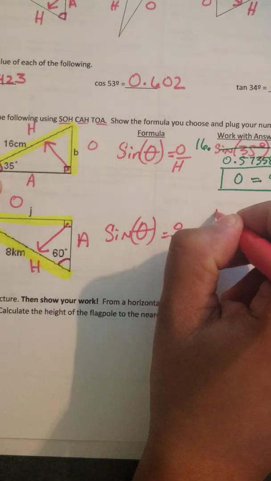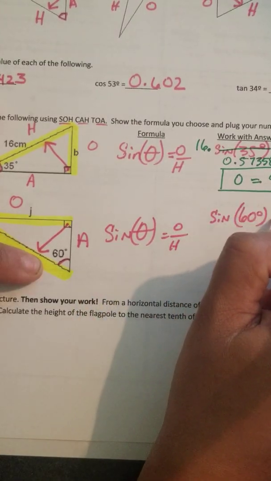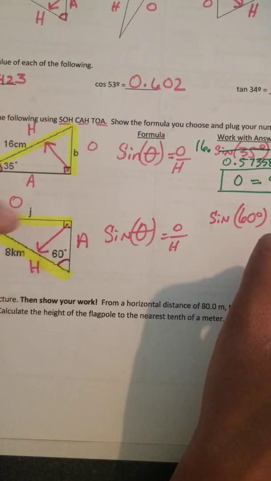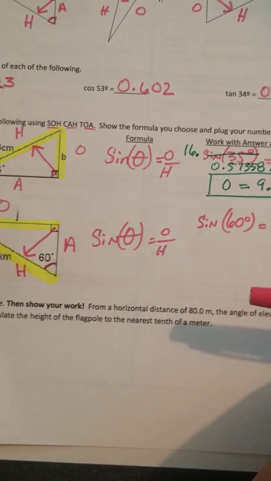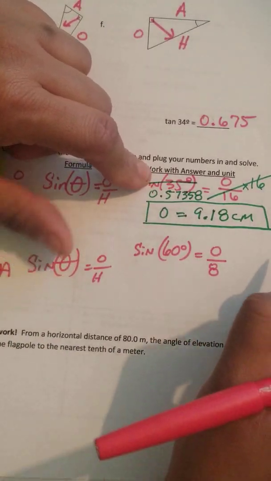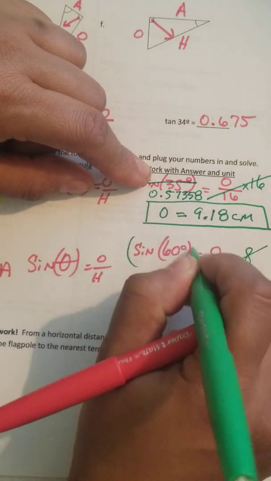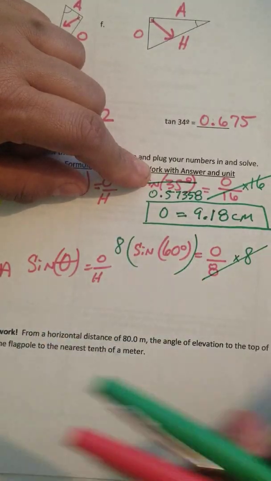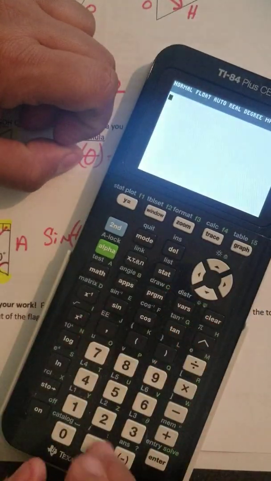Let's go ahead and fill this in. The sine, our theta is 60 degrees, equals O, which I don't have, over H, which is 8. We're going to do the same steps as the question above. We're going to multiply this side by 8 to cancel, and multiply this side by 8. I'm going to come over here and clear it out and say the sine of 60 degrees.